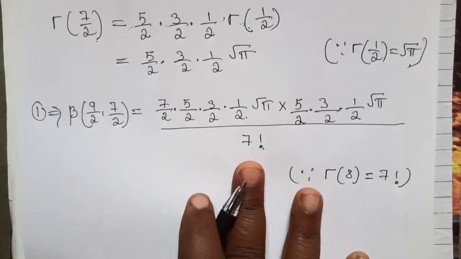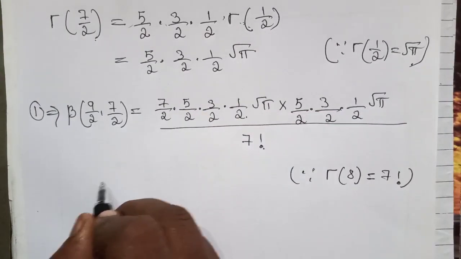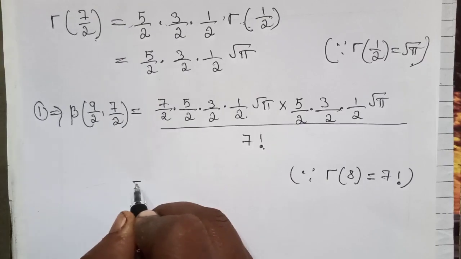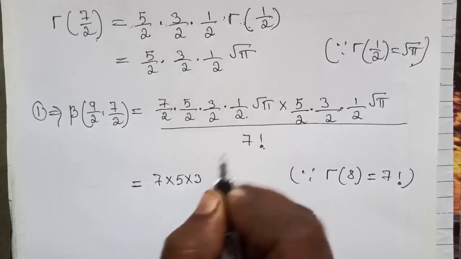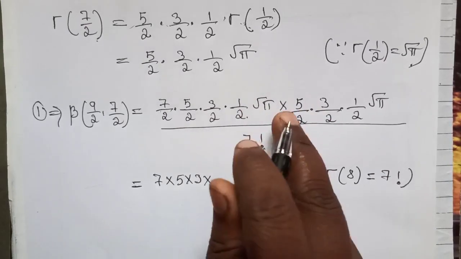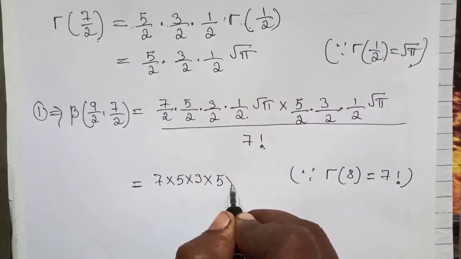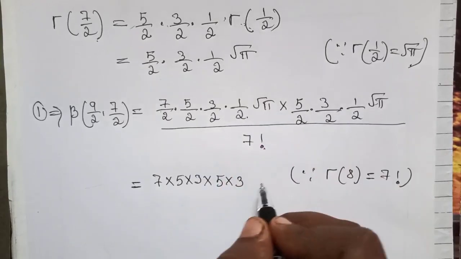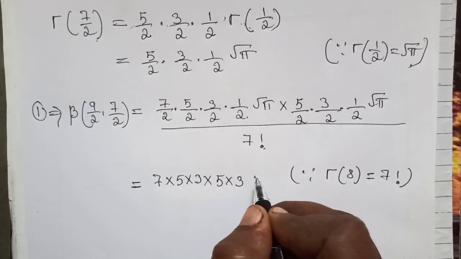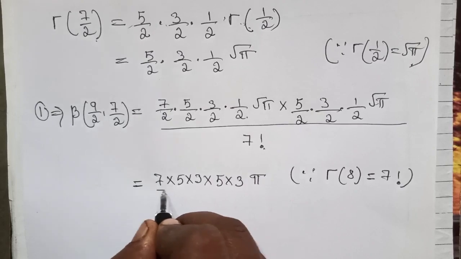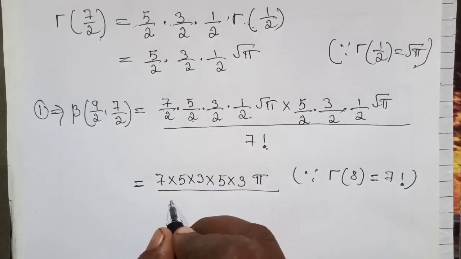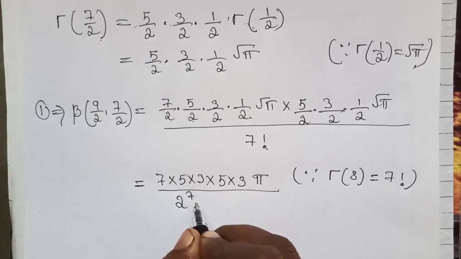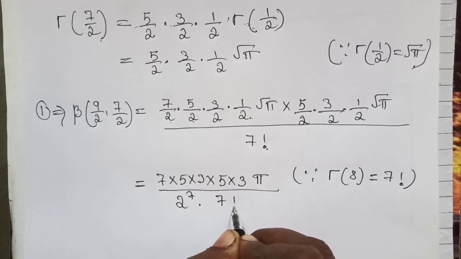This can be further simplified as 7 into 5 into 3 into 5 into 3, and root pi squared, square and square root cancel, so we get simply pi. Here a total of 7 twos are there, therefore it is 2 power 7 into 7 factorial as it is.